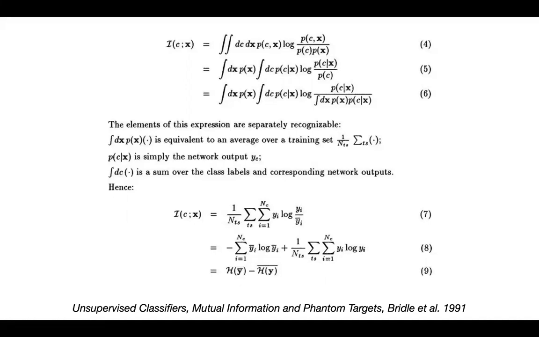And if you just write down the definition of mutual information, plug things in, simplify, you get this expression on the bottom here, which has two terms. One term is just entropy minimization. The other term is an interesting term that basically says, when I average across my entire data set, I want the model to have predicted every class with equal probability.